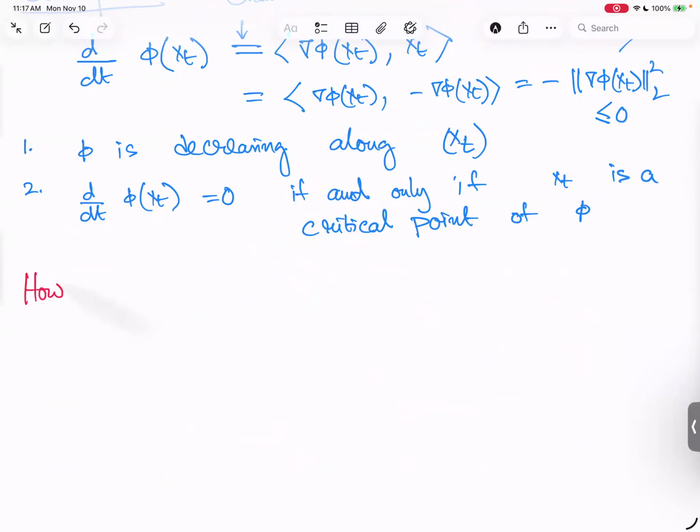So let's go back to this question: how to define gradient of phi. We first define a directional derivative, and we'll define gradient from there.